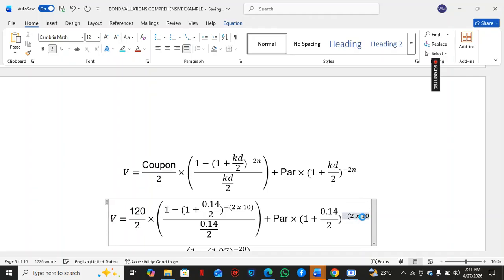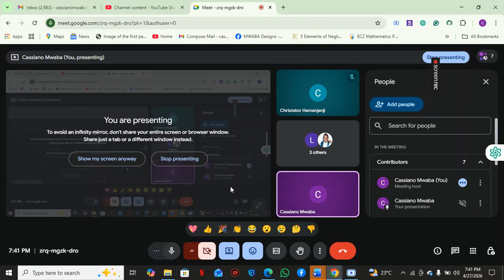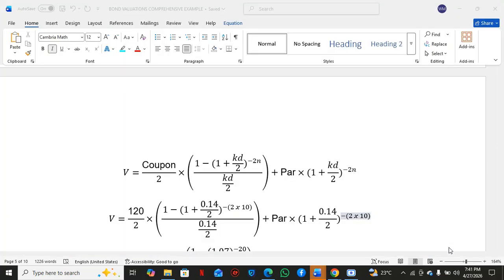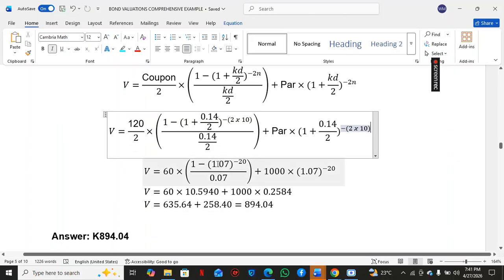Because remember, if you are paid twice a year, in 10 years you're going to be paid a total of 20 times. Then the interest that you're going to be paid in that year is going to be spread out between 6 months, 6 months.